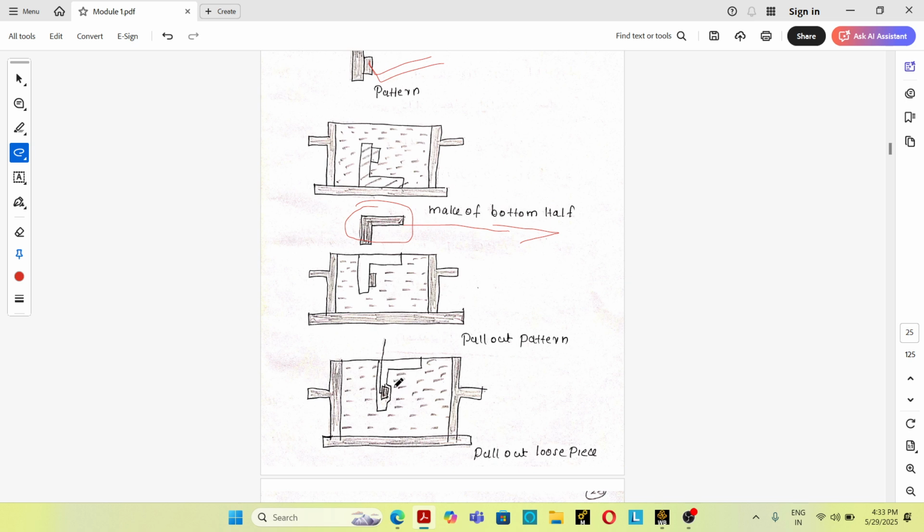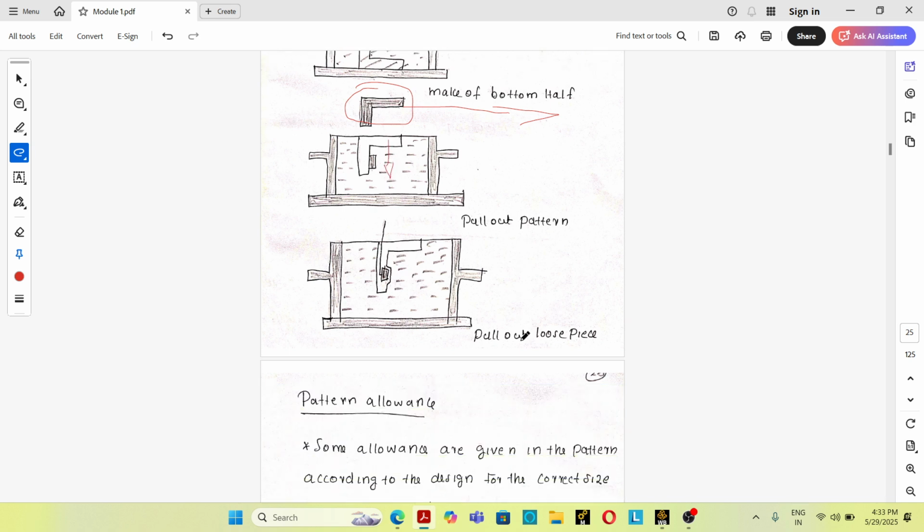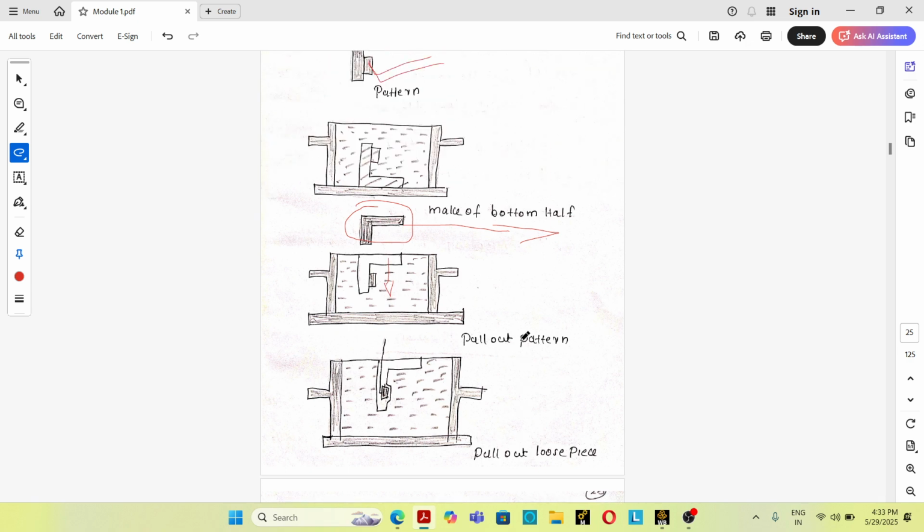So there will be a blind hole or projection produced. So this is the application of loose piece pattern. So loose piece patterns are commonly used for producing an undercut or a projection at a certain distance below the parting surface. Okay.